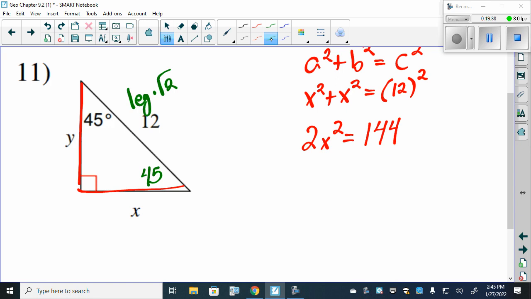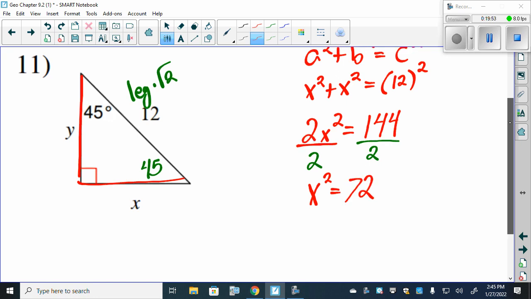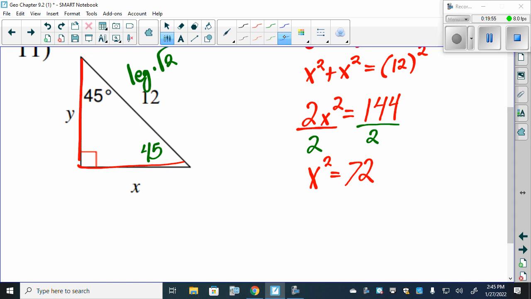Now we would divide both sides by 2, which will tell us that x squared is equal to 72. And last but not least, we need to what? Square root both sides.